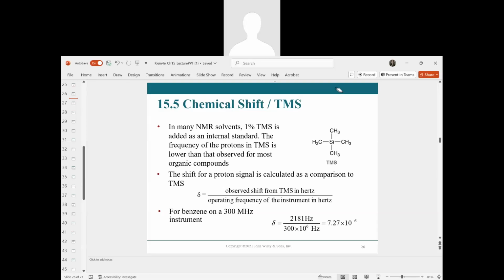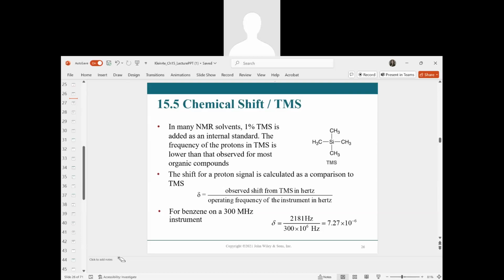So say we have benzene specifically given here. We could note that if we had a 300 megahertz instrument being used, the signal of 2181 hertz on top of 300 times 10 to the 6th hertz gives us this 7.27 value for our delta.